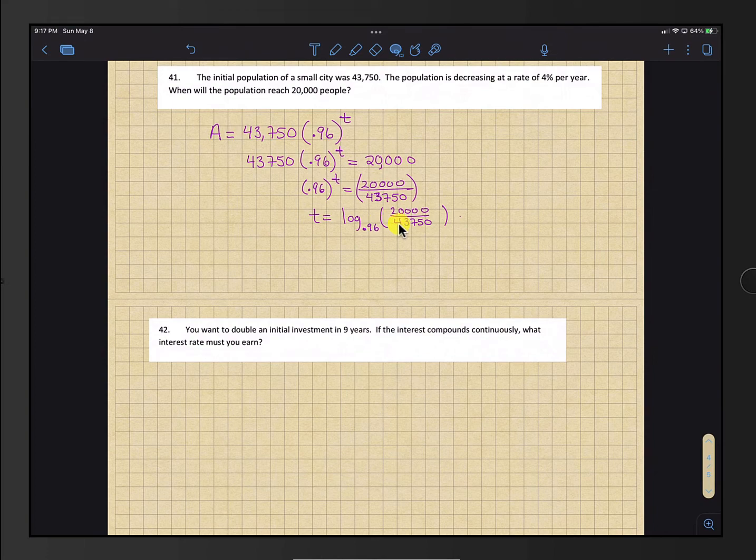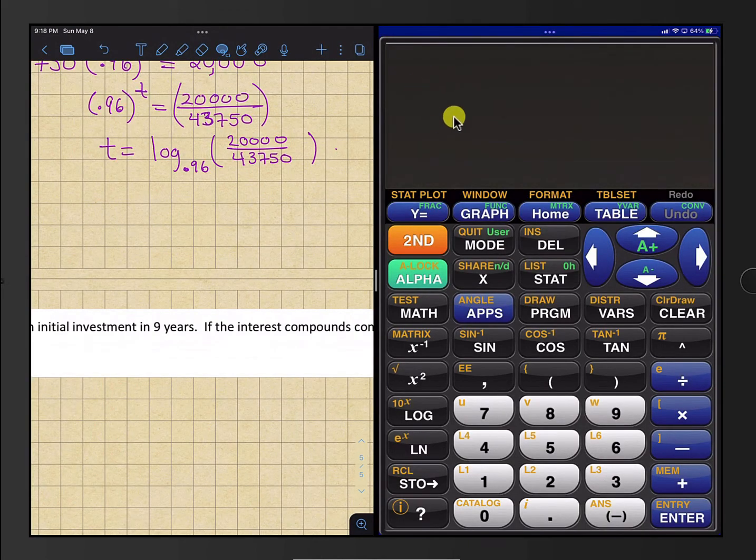Now we can put that in the calculator. All right, here's my calculator, and I'm going to do this two ways. First, I'll use the change of base rule. And so the change of base rule says that this is going to equal the log of what's in the parentheses. So let's press the log button and then type in what's in the parentheses, which is the fraction, 20,000 divided by 43,750, close parentheses, and then it's going to be divided by another log of the base, 0.96.